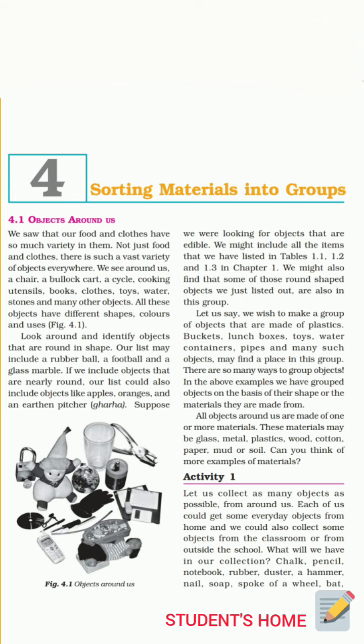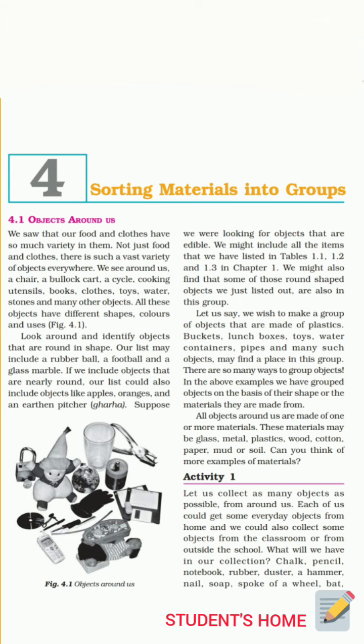Okay class, so here is an activity that we will go through now. Let us collect as many objects as possible from around us. Each of us could get some everyday objects from home, and we could also collect some objects from the classroom or from outside the school.